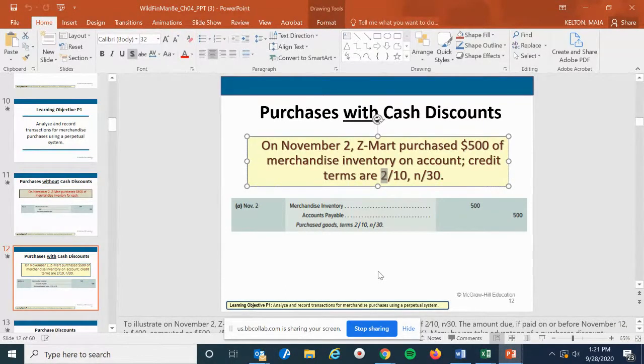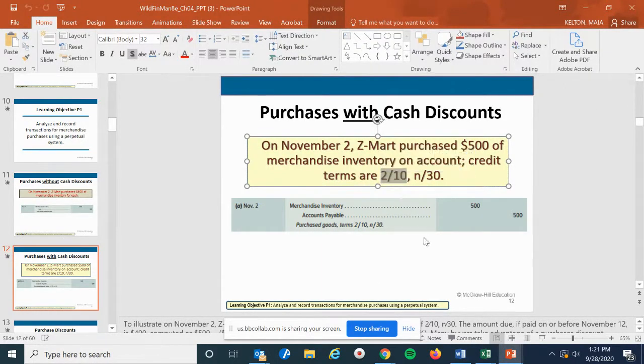So we're working with very small numbers here, but try to imagine how many inventory transactions Walmart has every month, or how many inventory transactions Amazon has every month. So a 2% discount in a high volume environment is huge. So I hope you understand what the numbers mean.